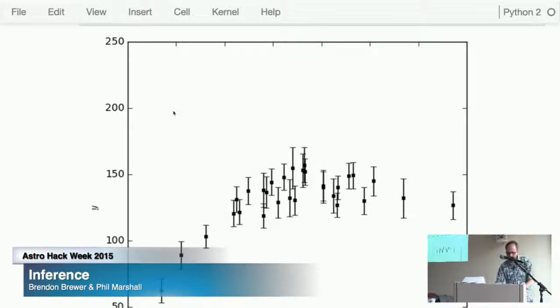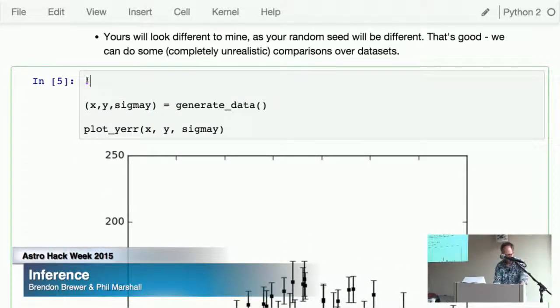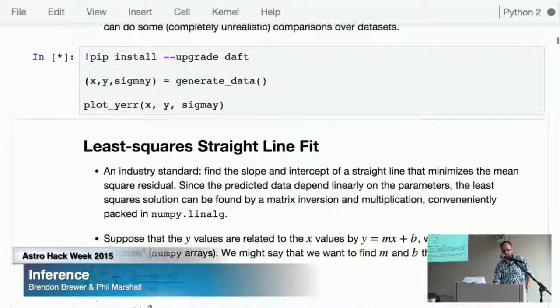Alternatively, you could do, let's see, you could do this, pip install --upgrade daft. Which will take a bit longer.